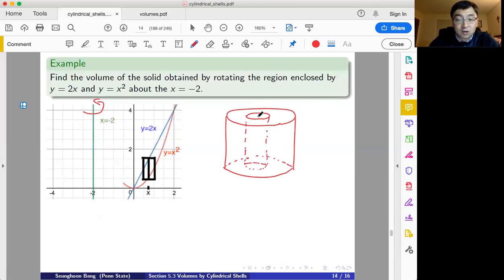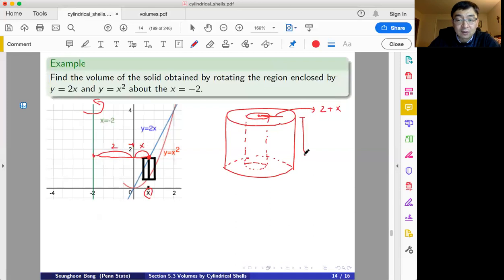So like this, you can find the average radius. What's the average radius? Here, this is the midpoint. You can connect to the rotating axis. So this length is the radius. This point is x, right? So here, x plus 2. The radius is 2 plus x.